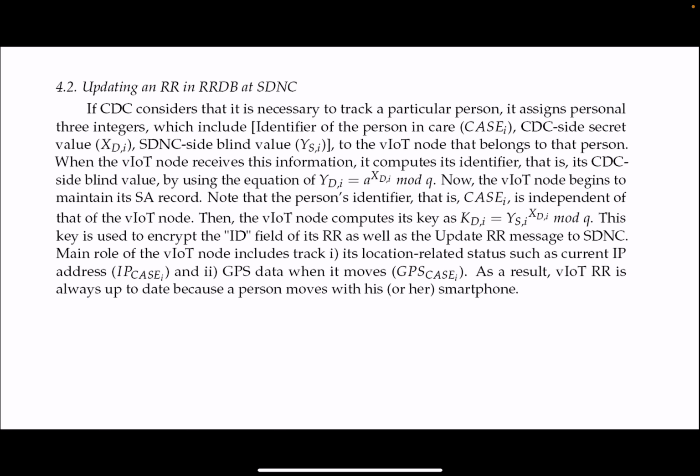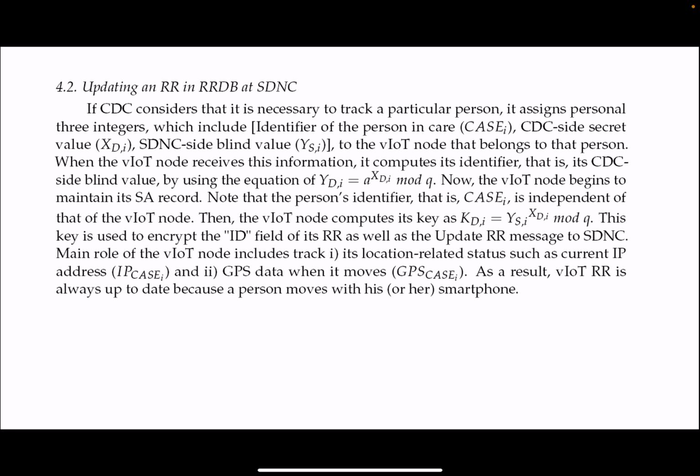Section 4.2, updating an RR in RRDB at SDNC. If SDNC considers that it is necessary to track a particular person, it assigns a personal three integers, which includes the identifier of the person, KSi, CDC side secret value XDi, and SDNC side blind value YSi, to the virtual IoT node that belongs to that person.